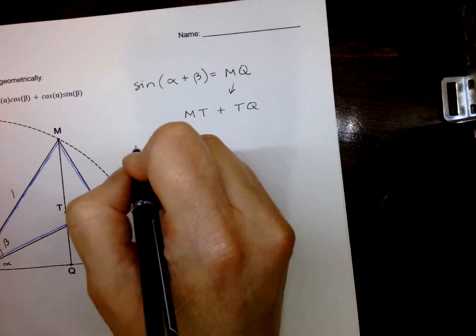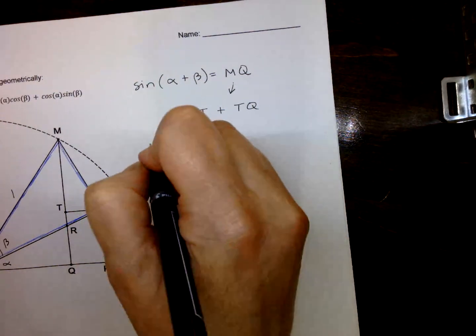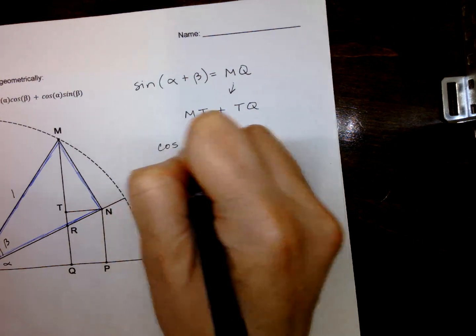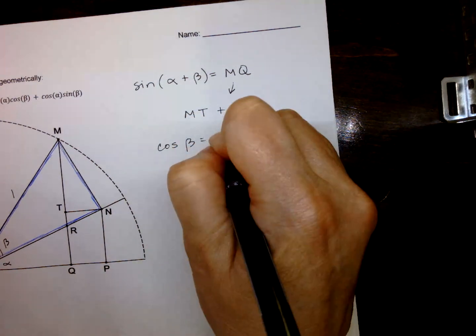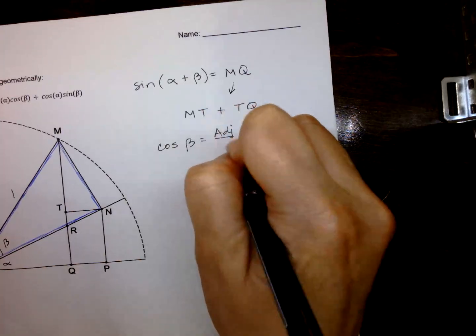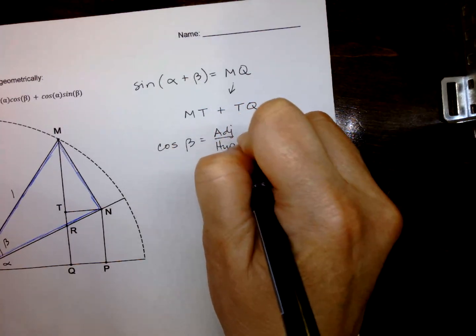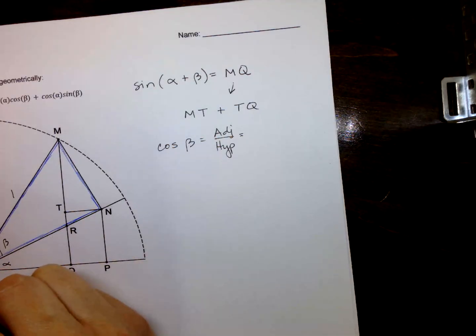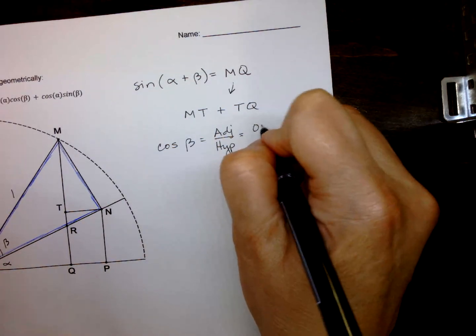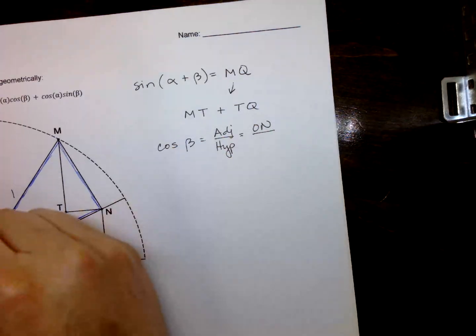Okay, so the first thing I'm going to write is that the cosine of angle beta is equal to the adjacent over the hypotenuse. Okay, the adjacent side compared to angle beta is this one right here. So that's side ON. And the hypotenuse is 1.